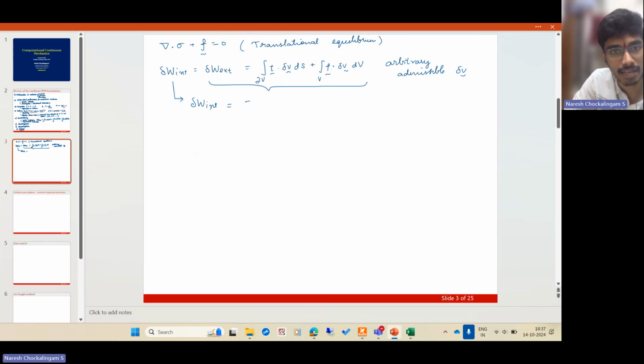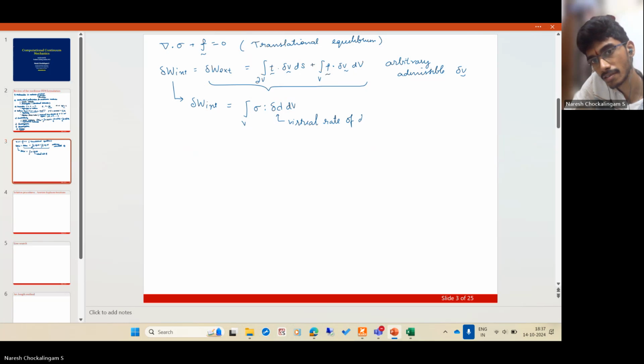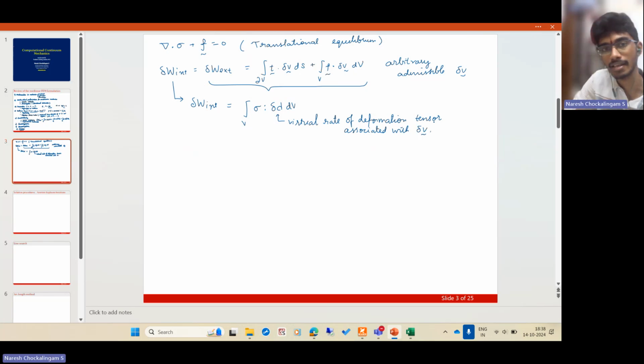So this is given by the integral over the volume of sigma contracted with del d dv, where d is the virtual rate of deformation tensor associated with the virtual velocity field del V. So these two have to be equal for arbitrary admissible virtual velocity fields del V.